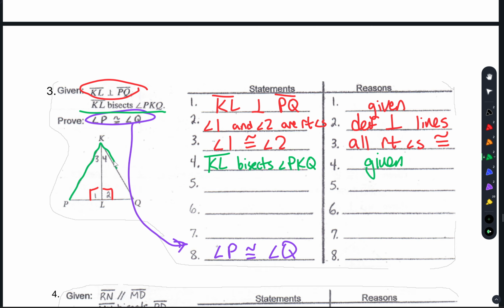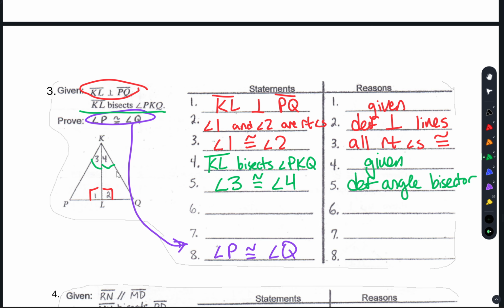Perfect. Here's PKQ. KL is this line. It says I divide those angles into 2 equal pieces. So angle 3 is congruent to angle 4. Our reason is Anna? Lovely.